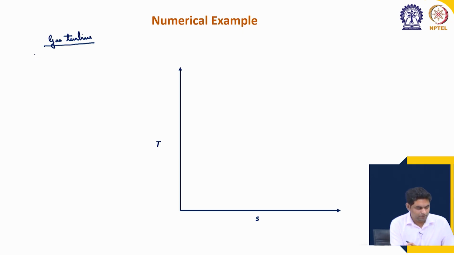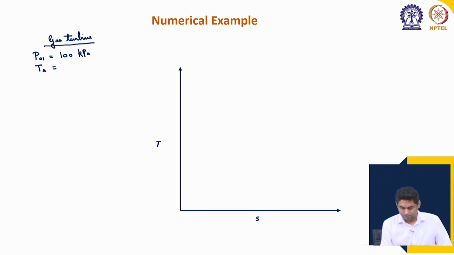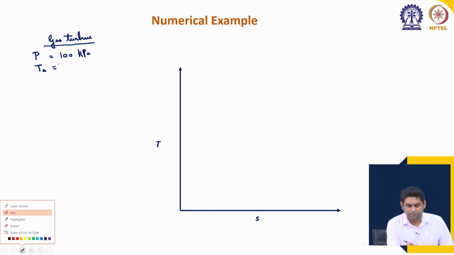The inlet condition, inlet pressure is 100 kPa, inlet ambient temperature is 300 Kelvin. Okay, let us say that ambient pressure also, so ambient pressure is 100 kPa, ambient temperature is 300 Kelvin.